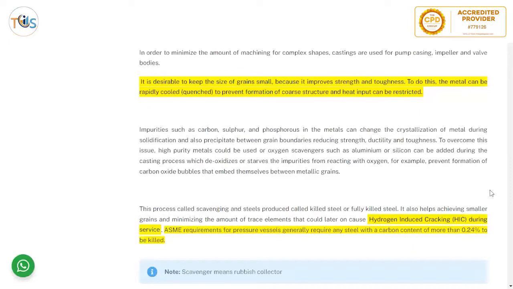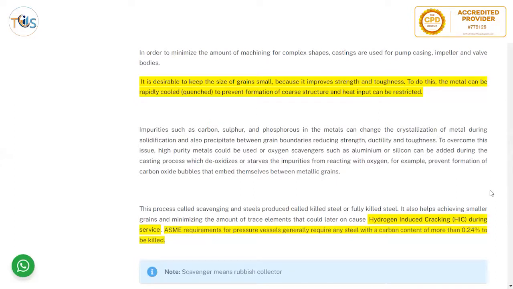Castings. In order to minimize the amount of machining for complex shapes, castings are used for pump casings, impellers, and valve bodies. It is desirable to keep the size of the grains small because it improves strength and toughness.